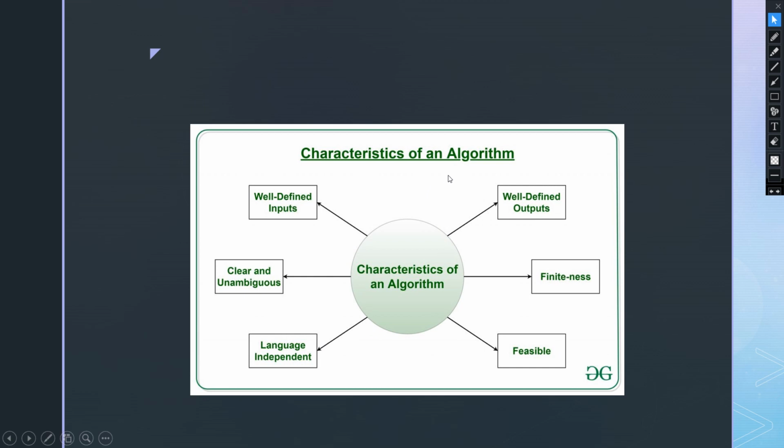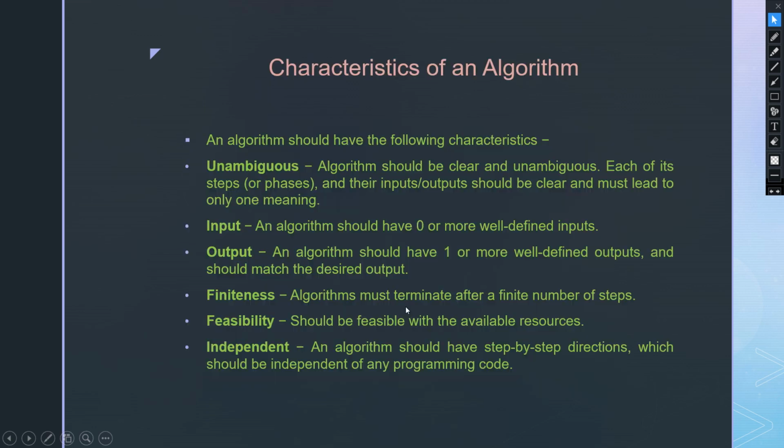Characteristics of an algorithm. The characteristics contain a set of properties: well-defined inputs, well-defined outputs, finiteness, feasibility, language independence, and being clear and unambiguous. So our algorithm should contain these characteristics.